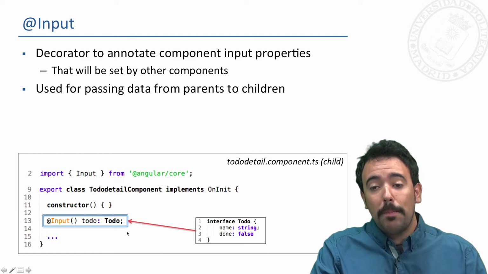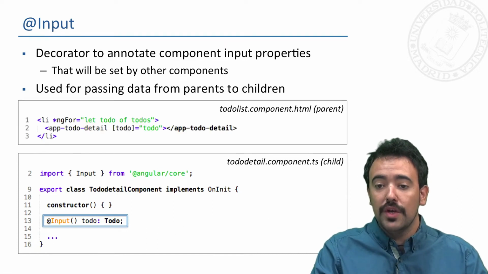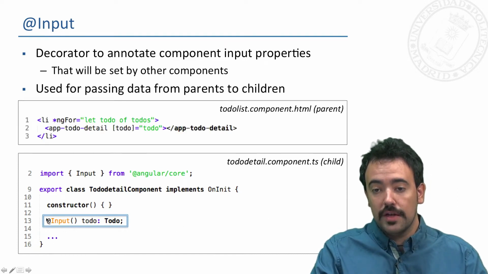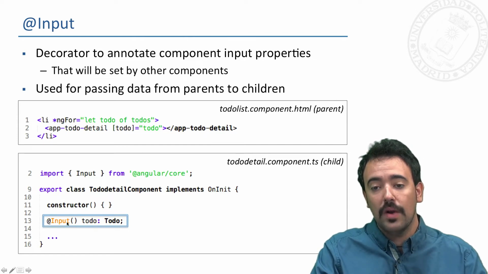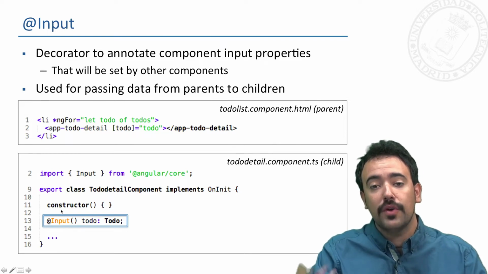So in order to pass this information about the to-do from the parent component to the child component, we use the input decorator.